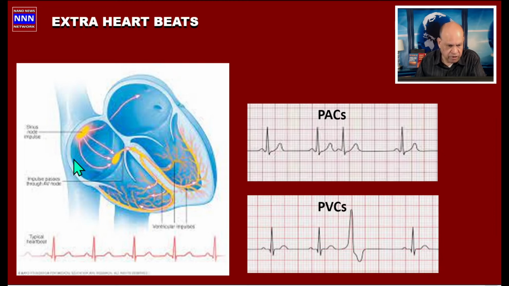Occasionally, an ectopic focus from the atria can trigger an extra beat, which is shown here, represented by a normal beat, and an extra beat appears immediately after that, instead of the sinus beat, which is supposed to come somewhere around here. It activates the atria and goes through the normal conduction system, the AV node, the bundle branches, and the Purkinje system, and produces a QRS complex and T wave changes similar to the normal sinus beat.